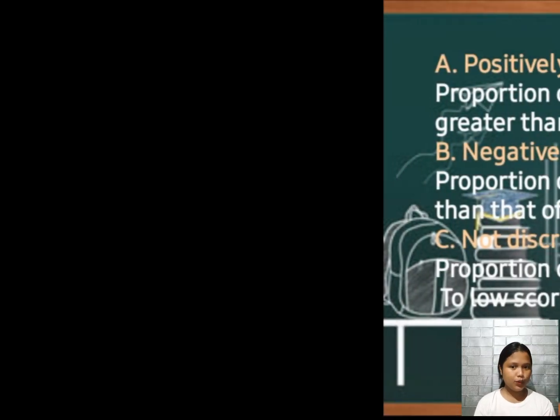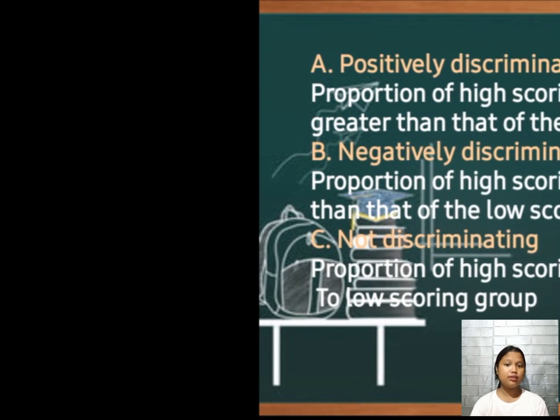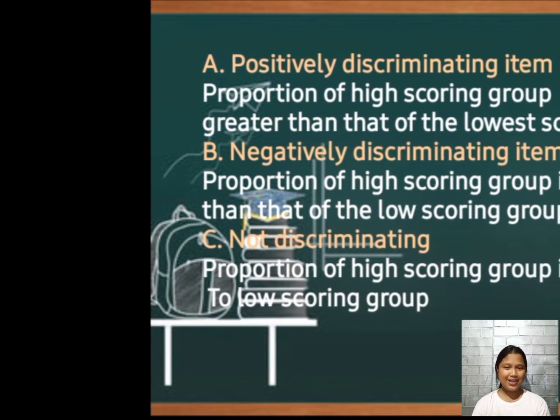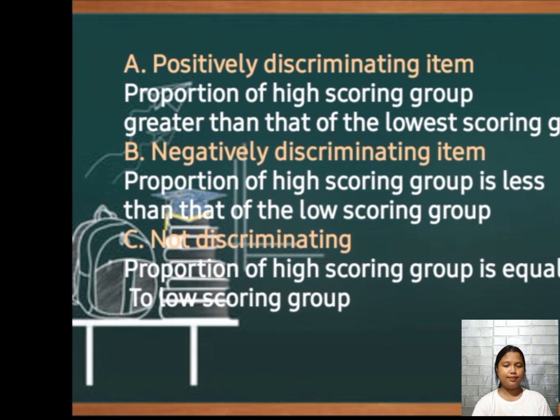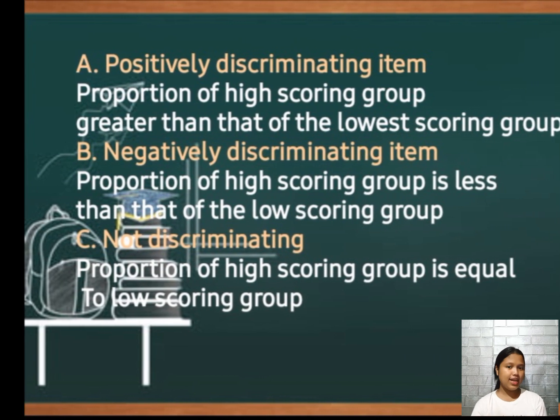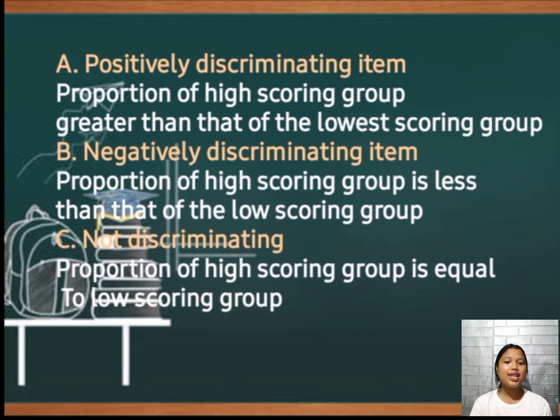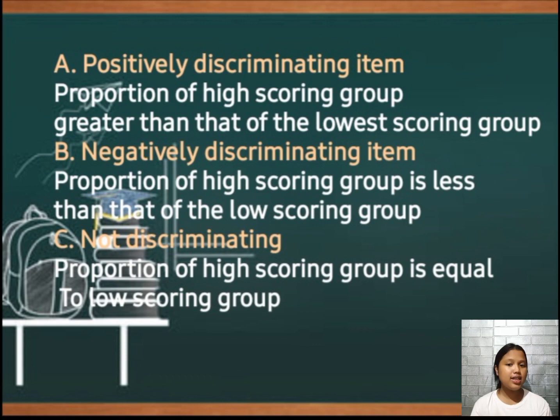There are three different discriminating items that we are going to talk about. The first one is the positively discriminating item. A positively discriminating item is an item or test question that effectively differentiates between high-achieving students and low-achieving students.